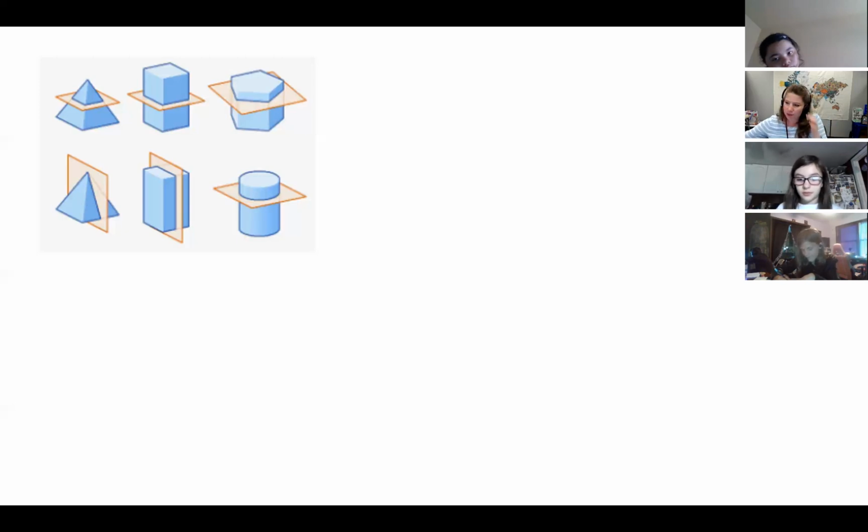It's hard to see in your brain, but does anybody have any guesses? Ella, how are you so smart? Any other girls have a guess? Naomi, Allie, you have a guess? It's going to be a trapezoid.